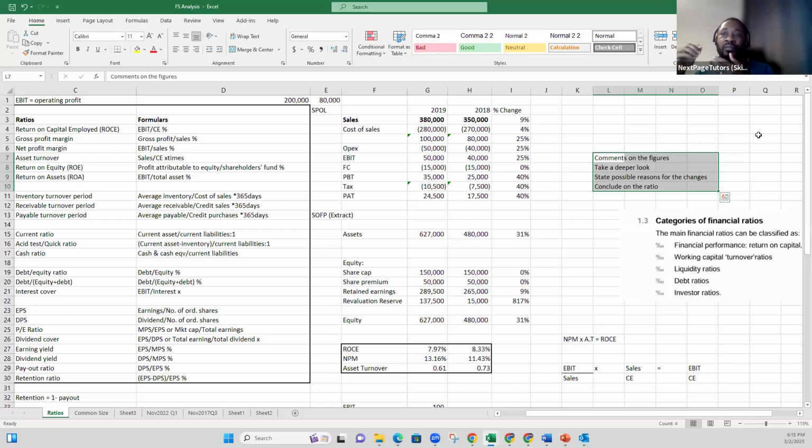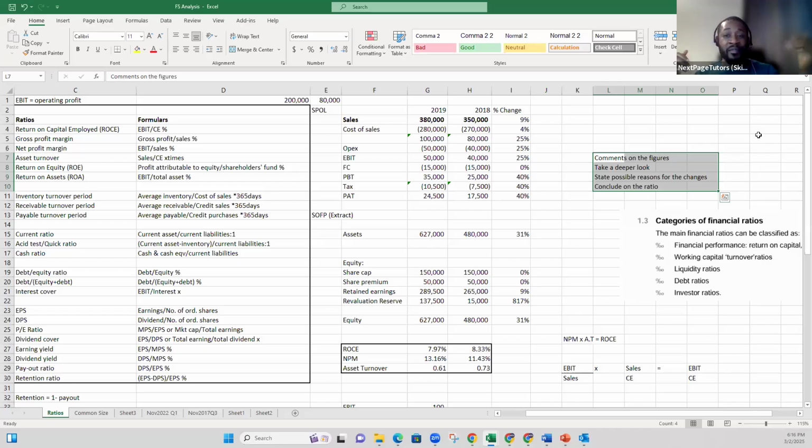So now, I've been able to narrow it down to asset turnover, and I want to look at my sales. What happened to sales? I can see that my sales increased from 350 to 380,000. How come my asset turnover now declined? Right? Okay, maybe we employed more assets to generate this revenue, because I know that my asset turnover is a function of my revenue and my capital employed. Right?